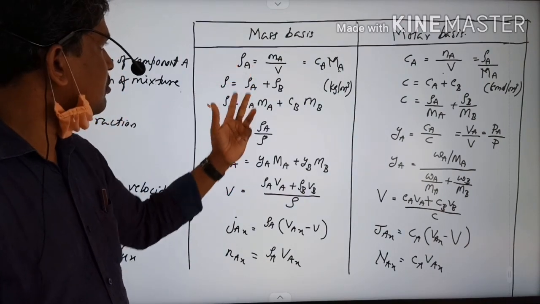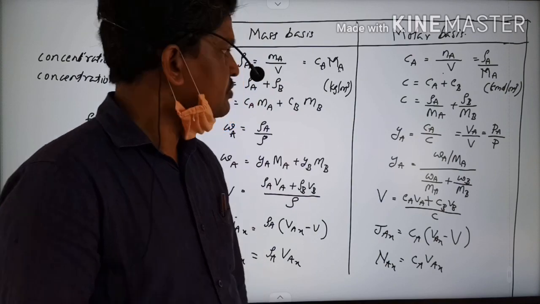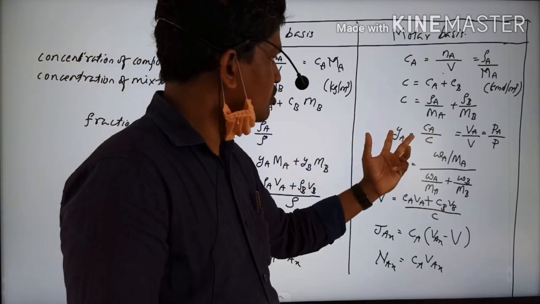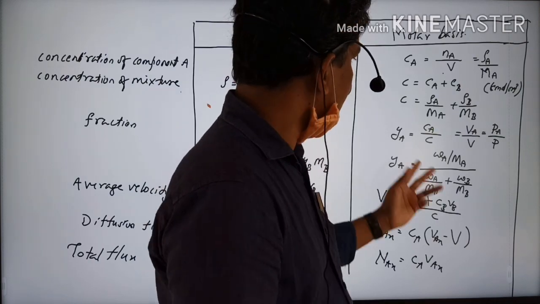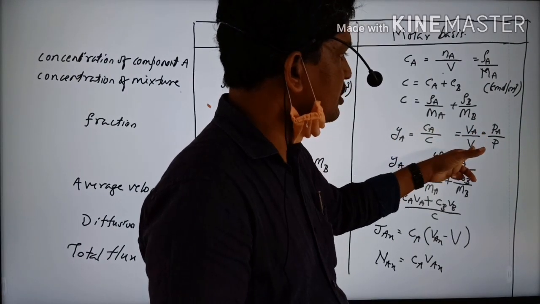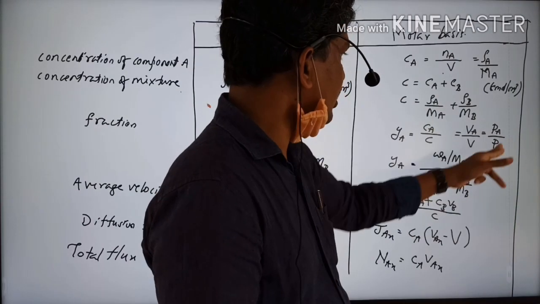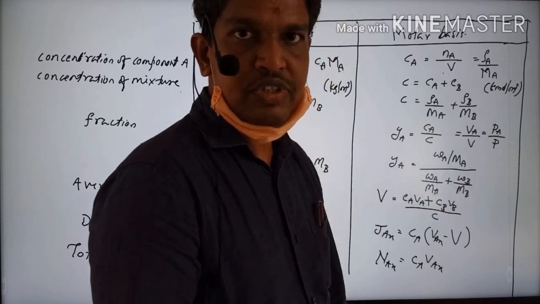Mass fraction is equal to rho A by rho and mole fraction is equal to Ca by C. And mole fraction can also be expressed in terms of the partial volume and partial pressure. That is Ya is equal to partial volume of A divided by the total volume of the mixture. Similarly, it is equal to partial pressure of A divided by the total pressure of the mixture.